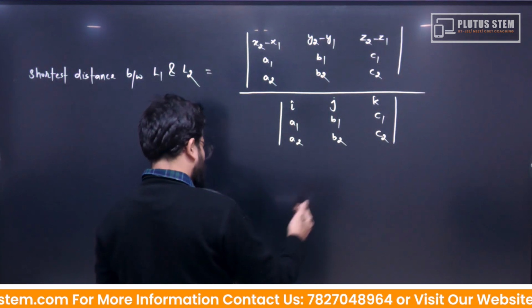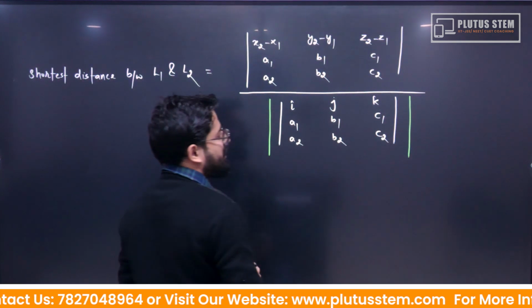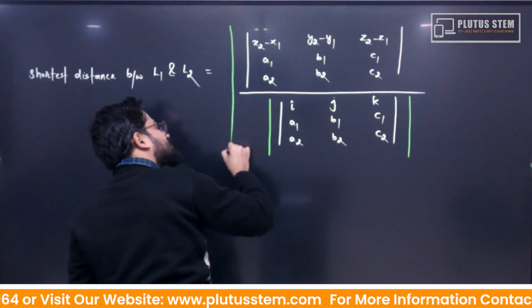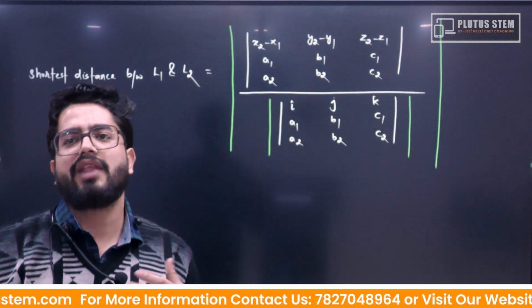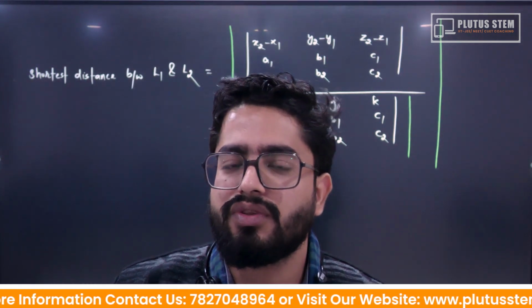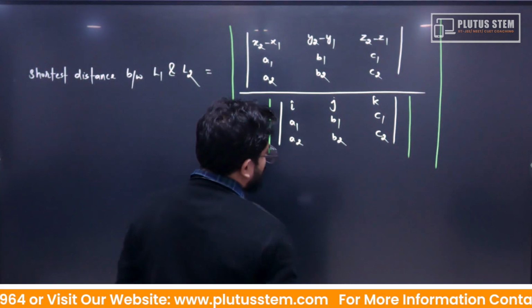You have to find the modulus, that is the modulus of that vector. And distance is positive, so we take the whole modulus. So that is the formula for the shortest distance between your two lines L1 and L2 if they are skew lines.